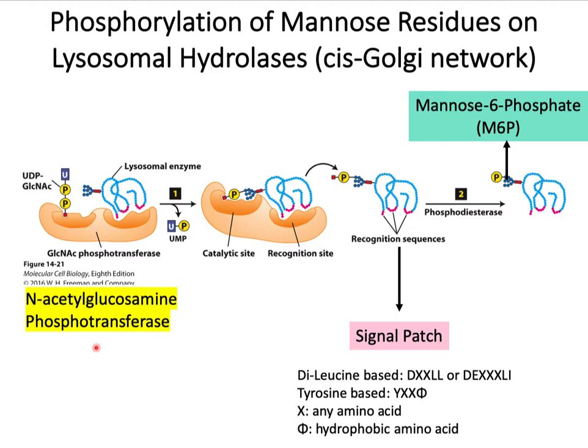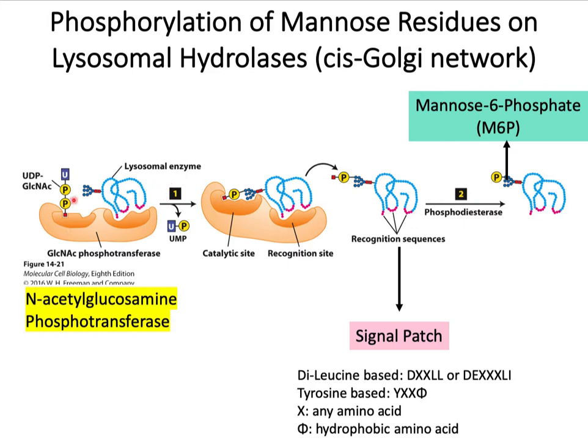And the signal is added by an enzyme found in the Golgi apparatus known as N-acetylglucosamine phosphotransferase. So here is how it works. There are two sites in the enzyme: one is a recognition site and one is the catalytic site. Here is the lysosomal enzyme, and the lysosomal enzymes will bind in the recognition site, and the catalytic region of this enzyme will catalyze the transfer of a phosphate group to the mannose residue on an N-linked glycan on the lysosomal enzyme.